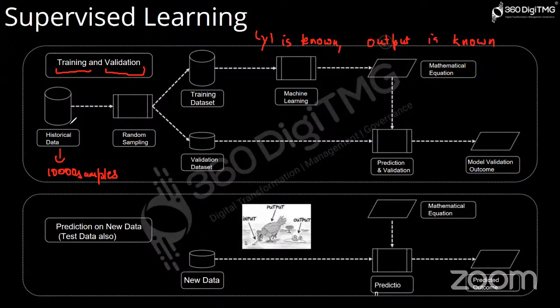It is randomly picked. So let's say we have picked 8,000 samples as a random sample. This 8,000 can be any of those 10,000. There is no fixed position from which it is taken. It is taken randomly. Okay.